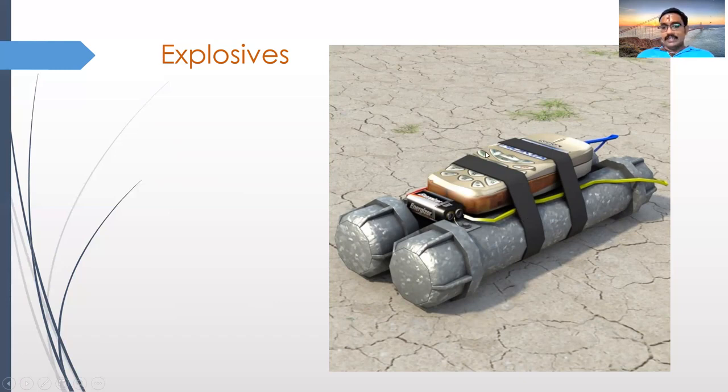So there is an initiating device here, which is your mobile phone and all this electrical wiring. There is a container, which is your metal pipe, and there is an explosive substance which has been filled in. Let's call it the filler. So an initiating device, usually called a fuse, the container, and the filler are the usual parts of a common explosive.